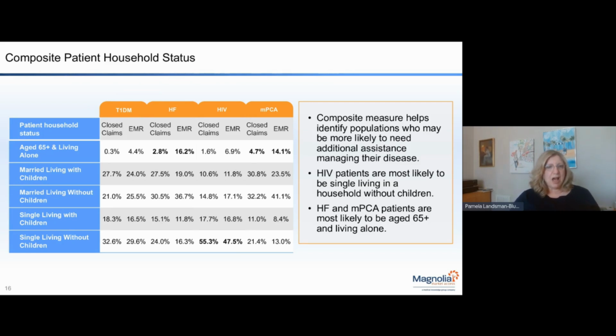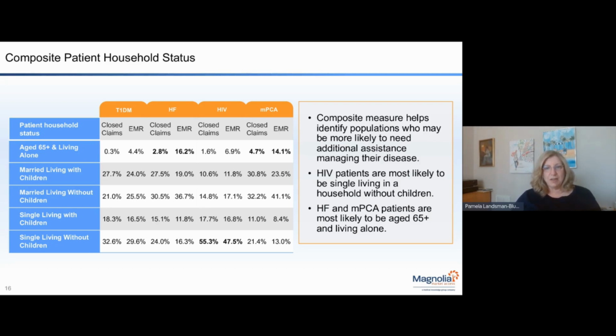We did that by breaking people into 5 mutually exclusive groups. So we have those who are age 65 and living alone, down to, and you can see the others, married, living with and without children, or single living with and without children. This, again, helps you identify where someone might have a caregiver, at least in the home.